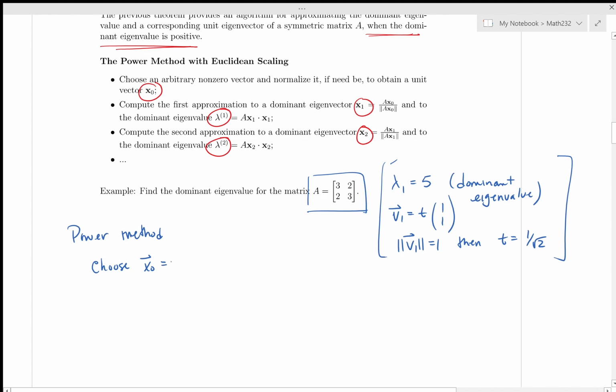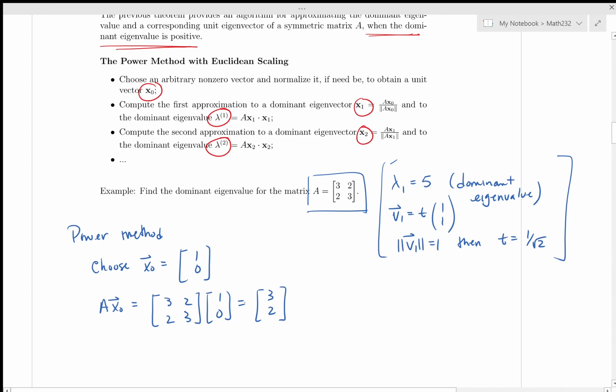You pick an arbitrary vector of unit length, so there it is. Okay, then you compute A x naught, which looks like this, 3, 2, 2, 3, and you multiply by 0, 1, and you get this thing here, 3, 2.